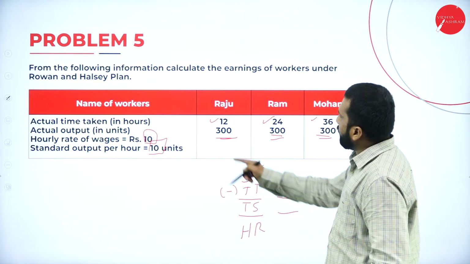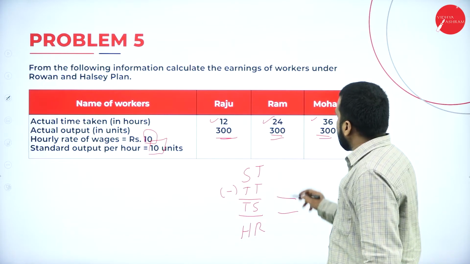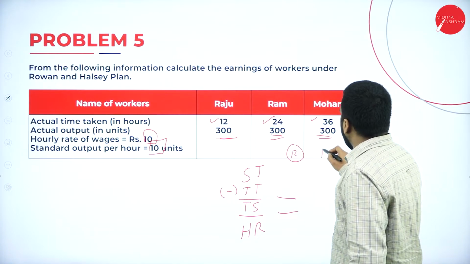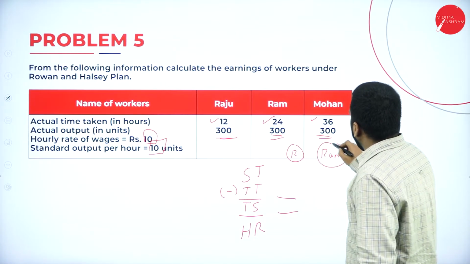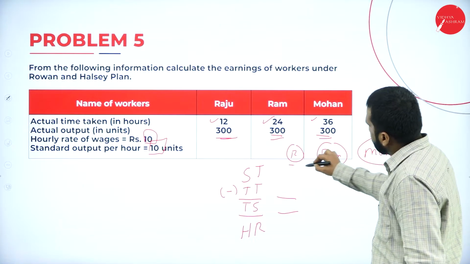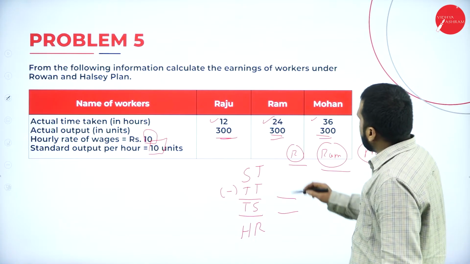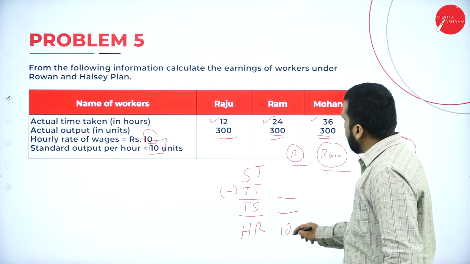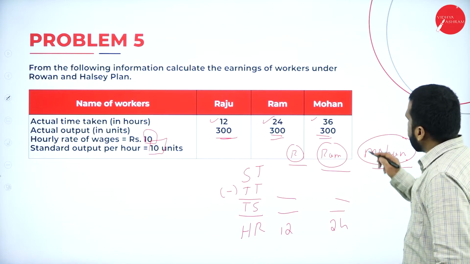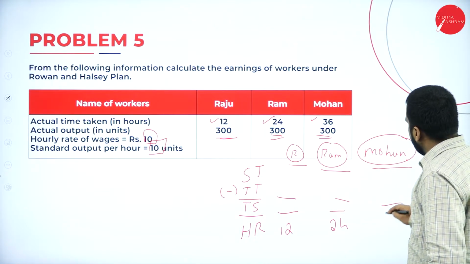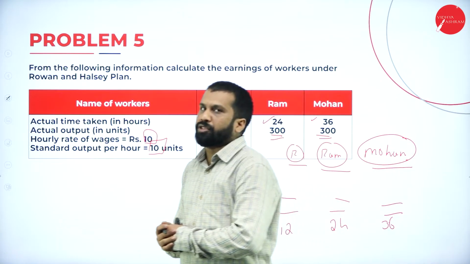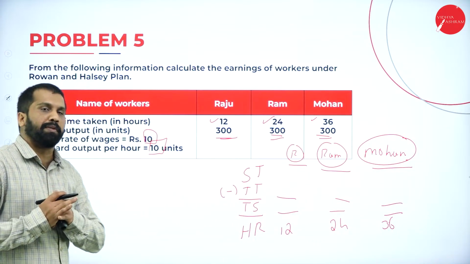Now, hourly rate is given. For Raju it is 12 rupees, for Ram it is 24 and for Mohan it is 36. These are the informations they have given in the question paper.